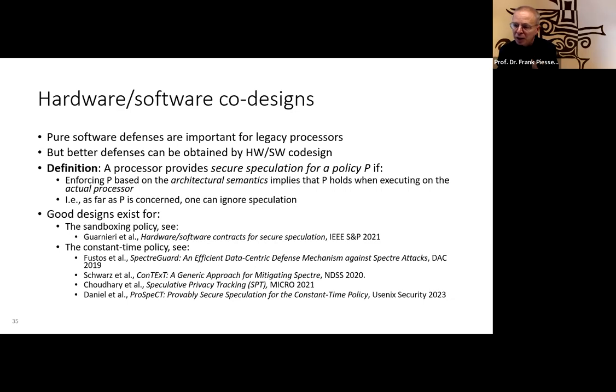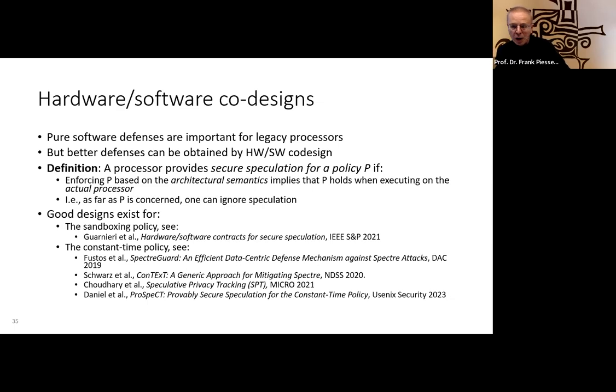And if I prove that the code has that policy, then I can run it on a speculative-execution-enabled processor and not introduce additional leaks. So in other words, as far as this one particular policy is concerned, this processor allows you to ignore all the issues surrounding speculation.